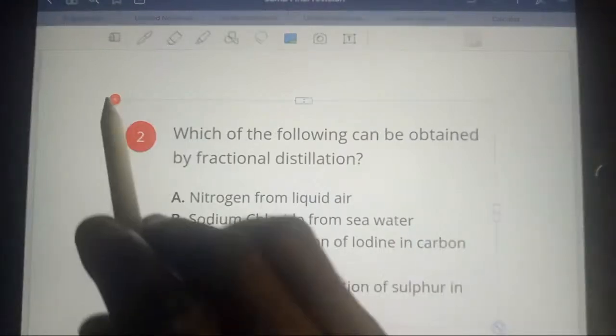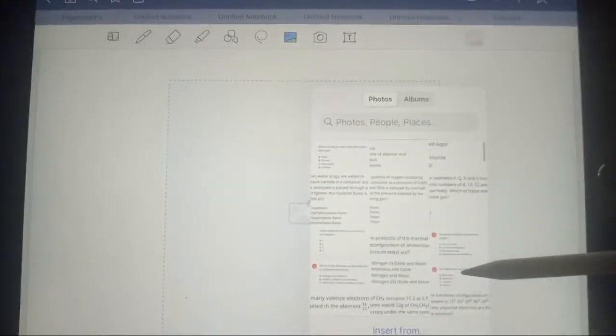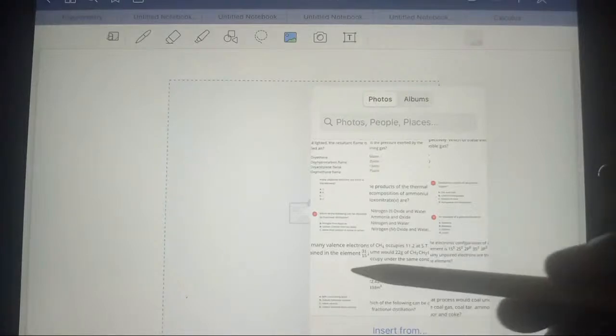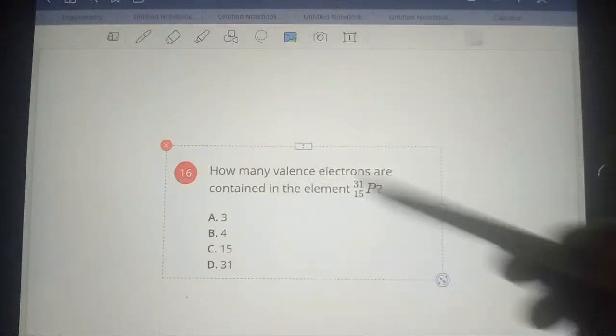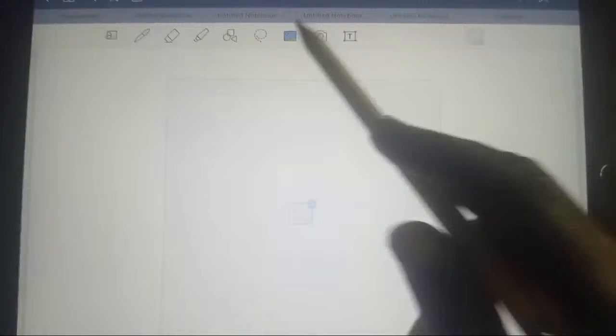So then we go to number 3. How is this thing arranged?